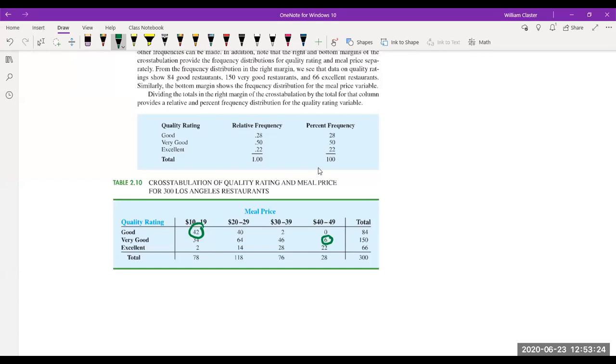Okay, and somebody else, what does this stand for? 6 elements. You could also say elements. That's right. Okay, what is the last one? What does the last circle stand for? The last circle shows that there's no good quality rating element that is between $40 to $49 in meal price.